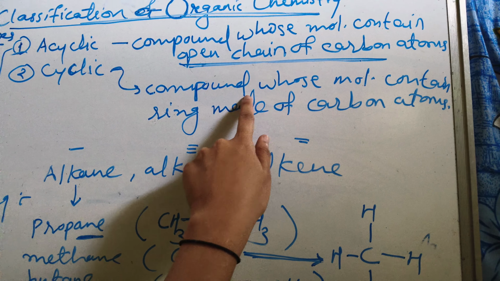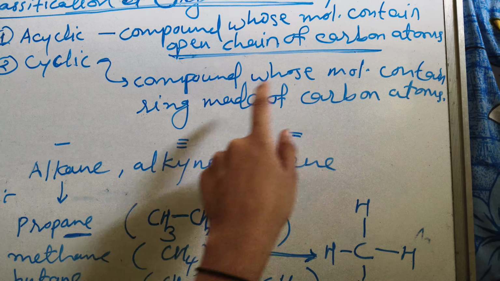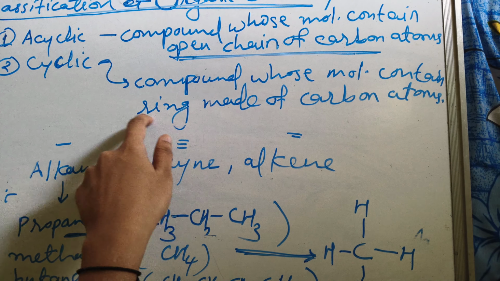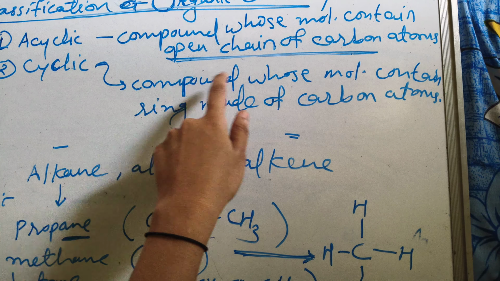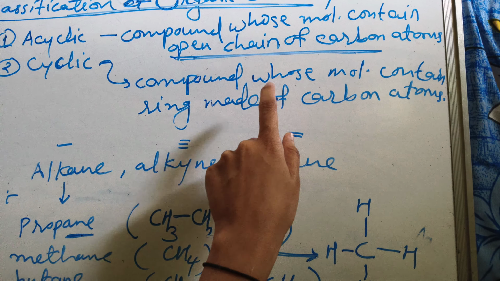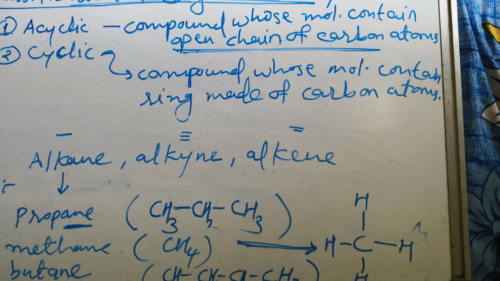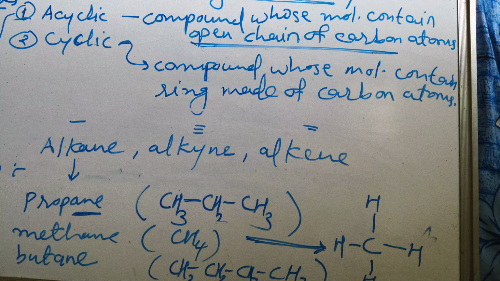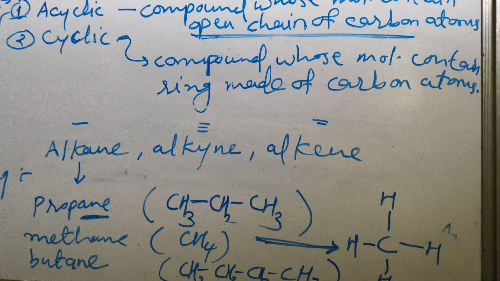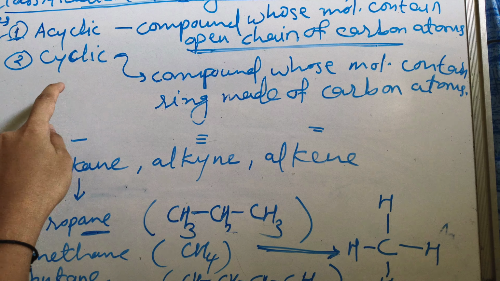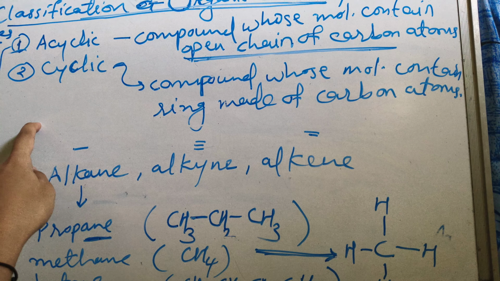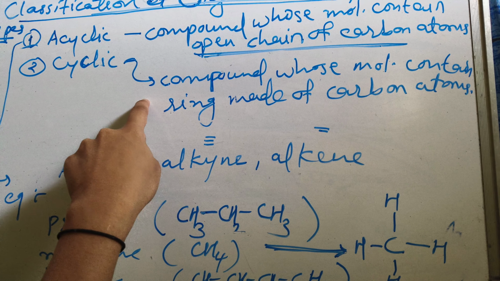Cyclic means a compound whose molecule contains a ring made up of carbon atoms. In cyclic compounds, we will further go for the classification of carbocyclic and heterocyclic.